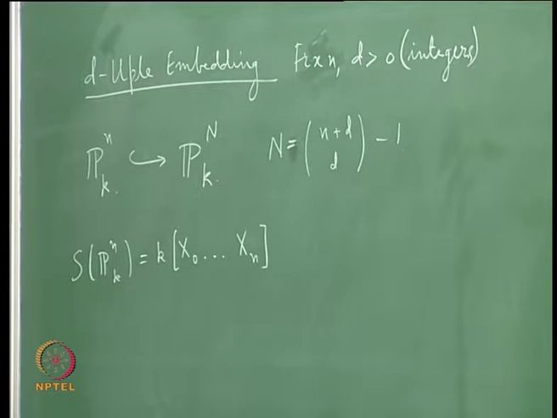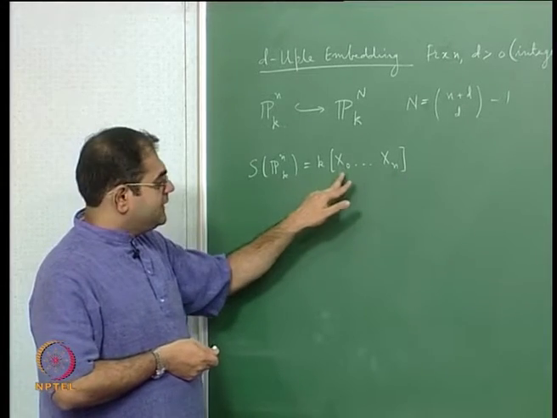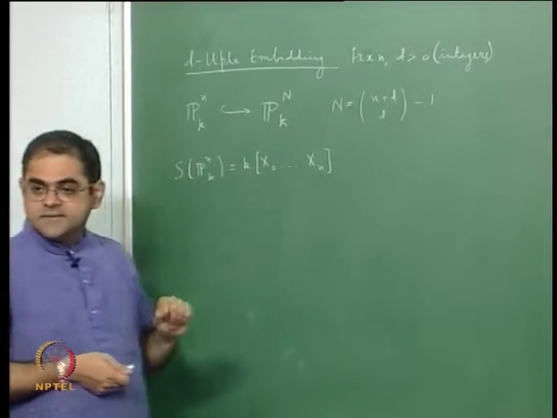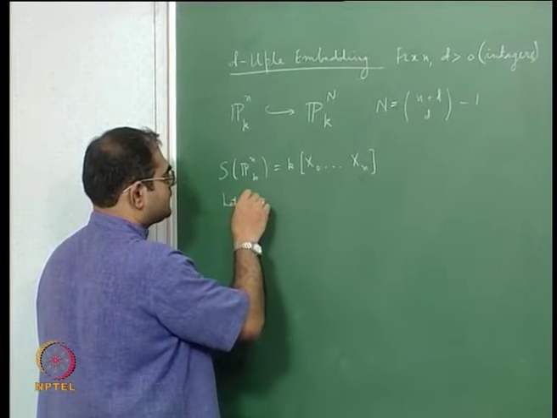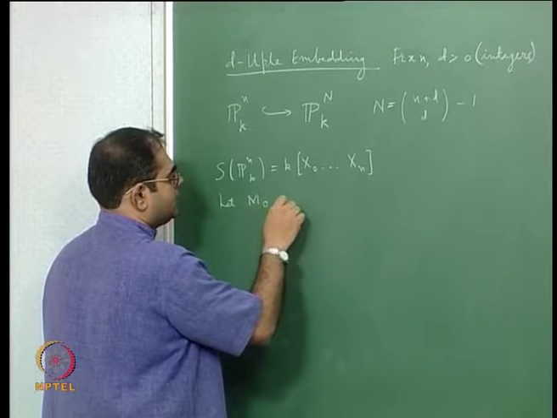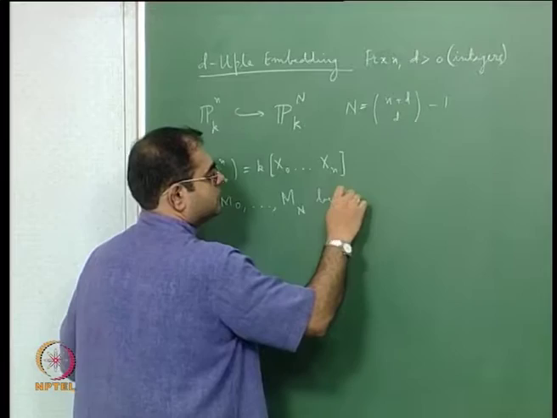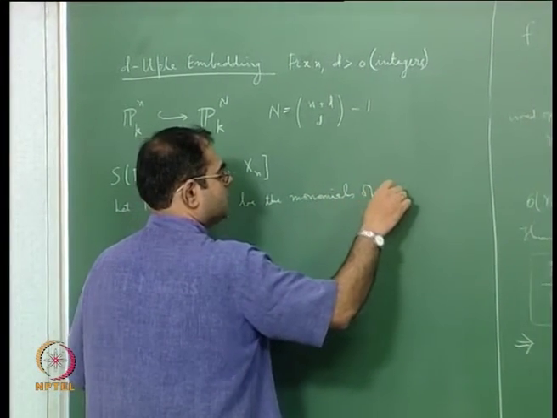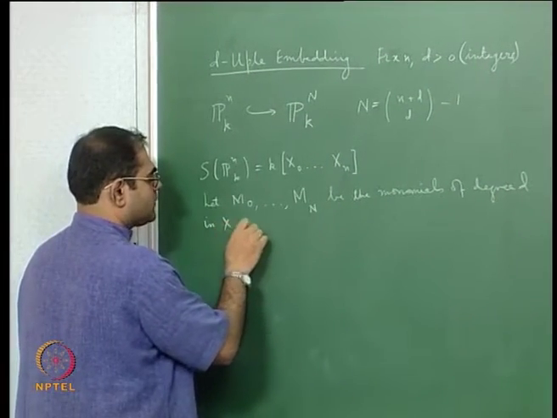Now I'm going to look at monomials in these variables, but all of a given degree D. Let m0 up to m sub N be the monomials of degree D in x0 through xn.